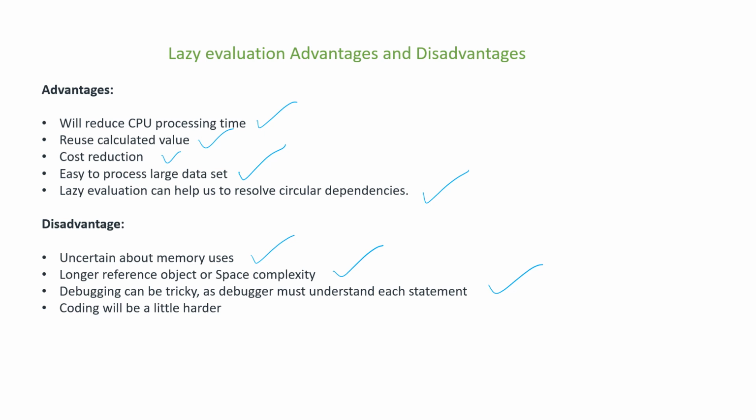You will understand what the previous line value was, and what value is coming in the next line. But with lazy evaluation, you have to track all these expressions backward and understand, and then you debug your problem. Coding will be a little harder, because you have to make sure at what line you use the expression and which line you previously declared it. So all these things you have to remember. So that's where the coding is a little bit harder. Okay.